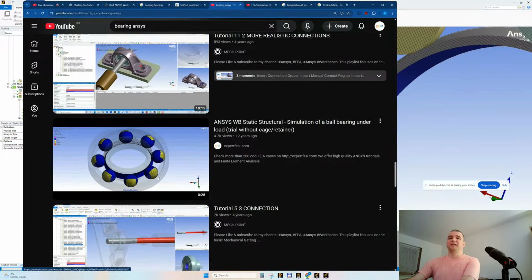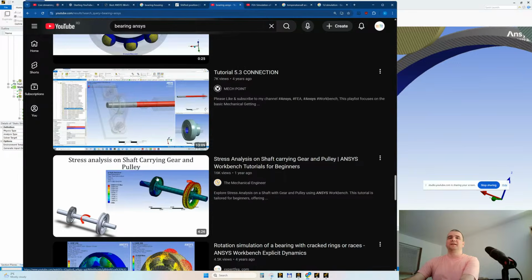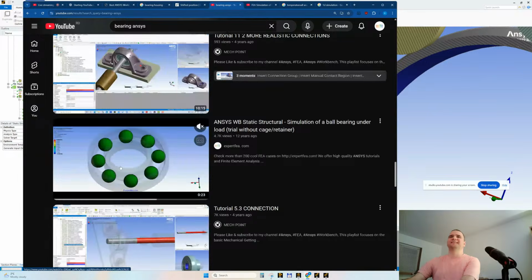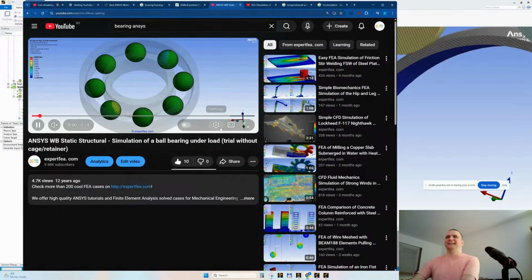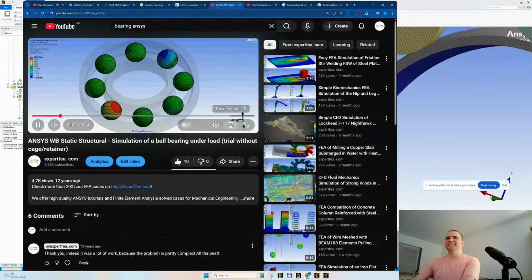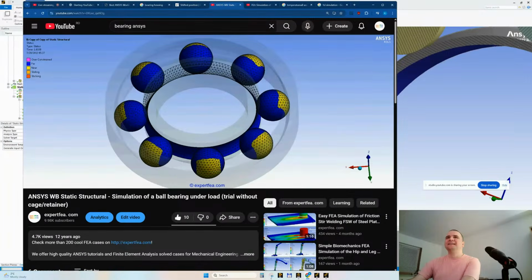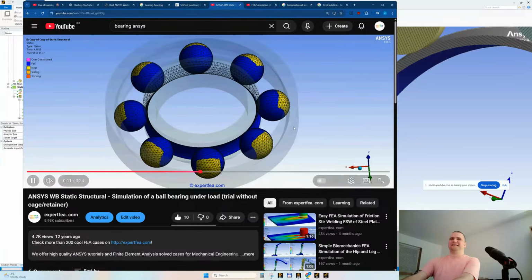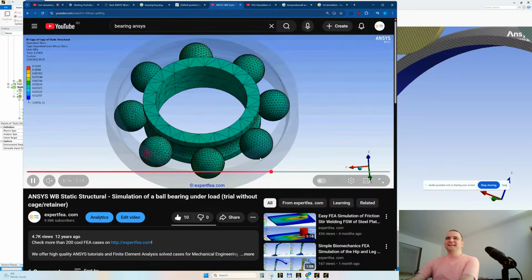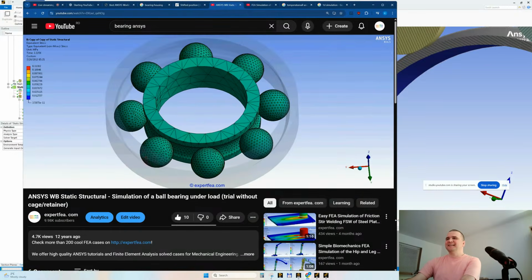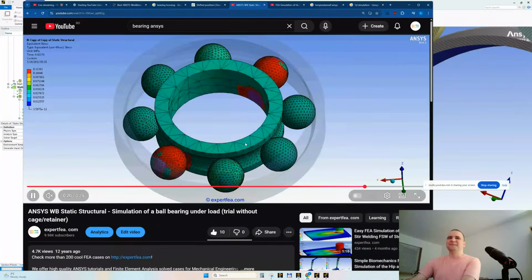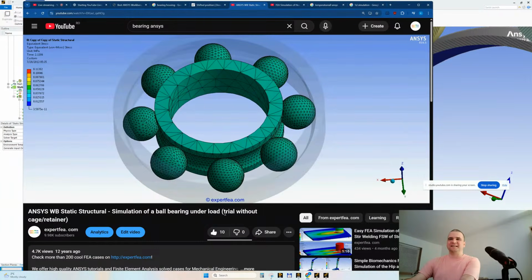By the way, if we want to laugh a little, let's see my first ball bearing FEA. This should be interesting. Oh my God, I feel ashamed. Oh my God, it's so awful. Oh, but I had the decency of saying trial.